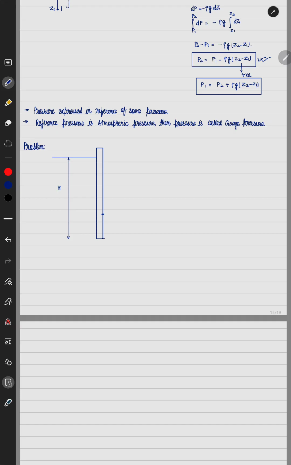If I want to show you how it looks from a person standing here in the water, looking in this direction, I will draw it here. It will look something like this.